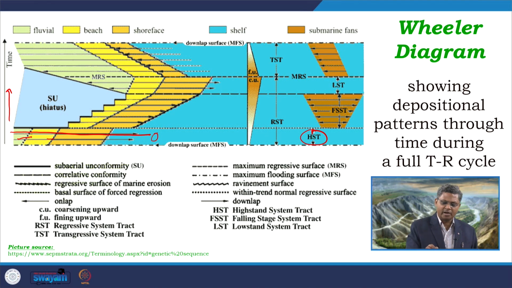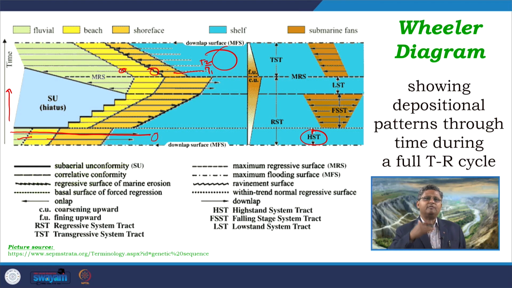If I look at somewhere here in this part, which is a part of the TST, so as we know, during TST it is a transgression, during TST it is a retrogradation. So, during TST part, what we expect along individual time plane, the depositional systems will be migrating towards the land. So, at time, say for example time T1, time T2, there will be a shift towards the land of individual depositional systems.